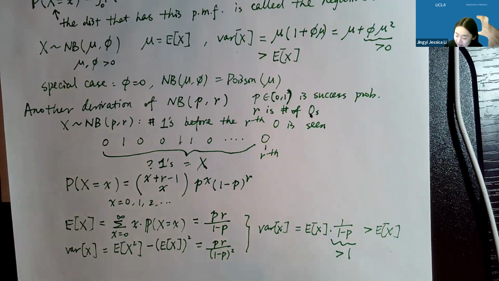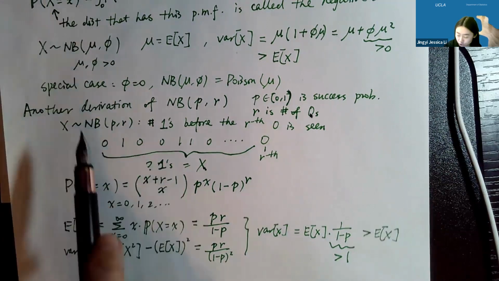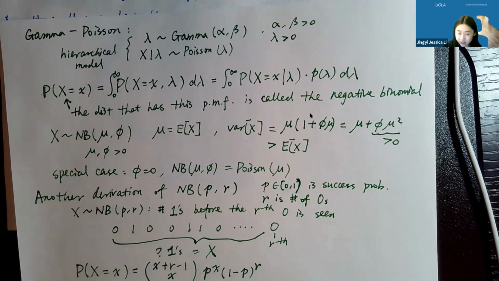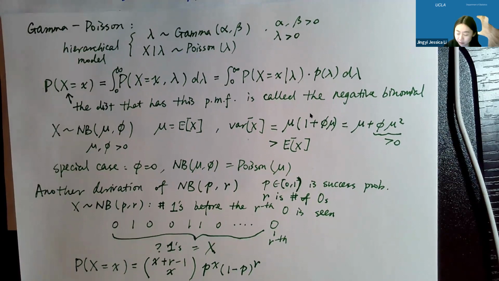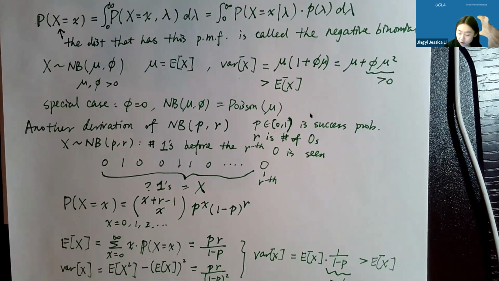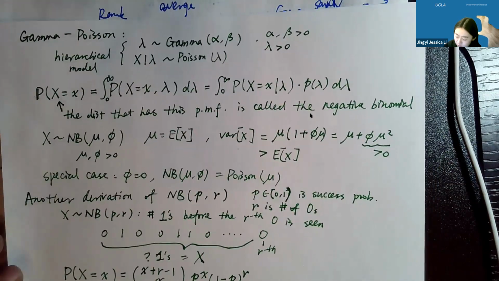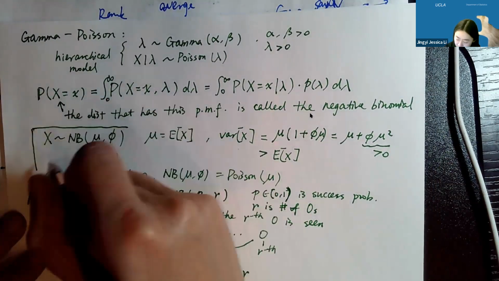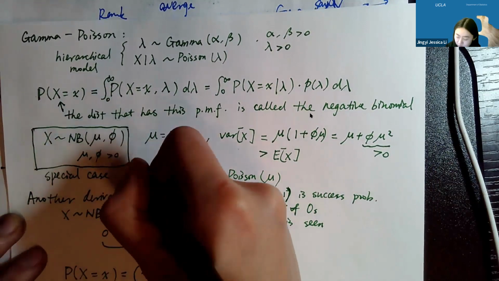I feel like this other derivation is a more special case of the gamma Poisson. So the gamma Poisson is more general than this one. But this is something we can learn from the coin tossing, an easier motivation, less abstract, more concrete. So from now on, we are going to use this parameterization, because it's very easy to understand.